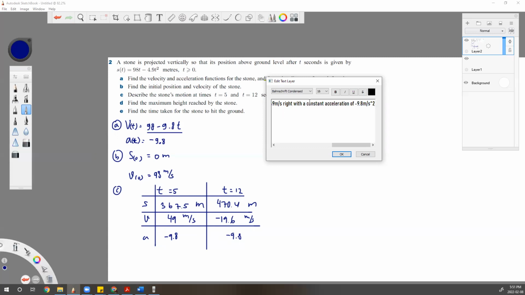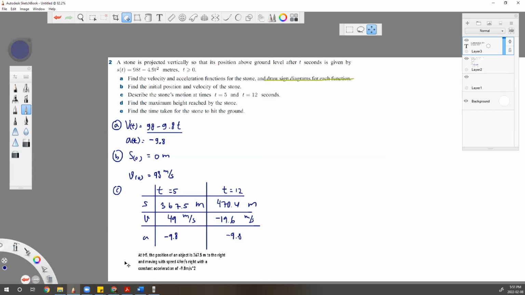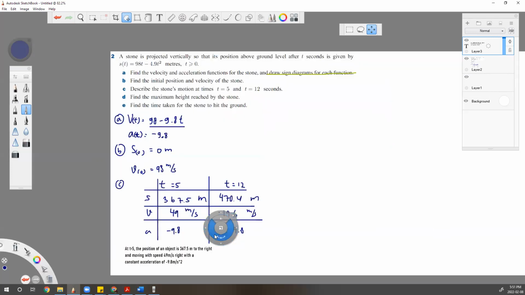Okay, I think I need to press enter. There you go. That's it for t equals 5, right?